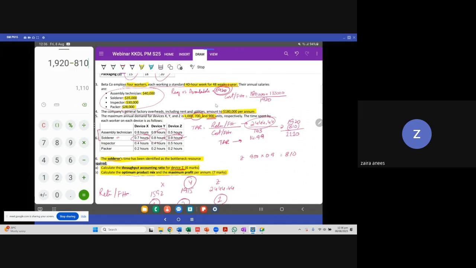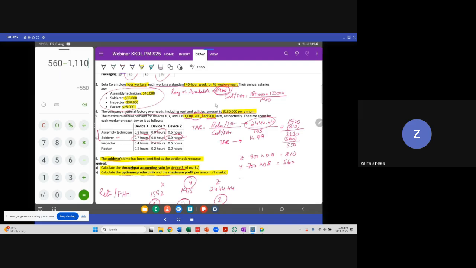We have to produce 700 units for Y, multiplied by 0.8, which is 560. 1110 minus 560, we are left with 550, right?